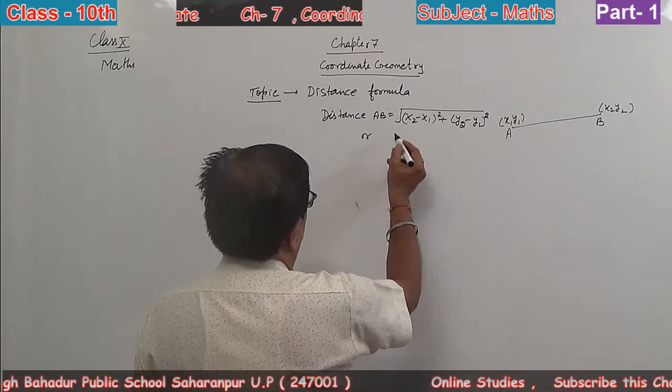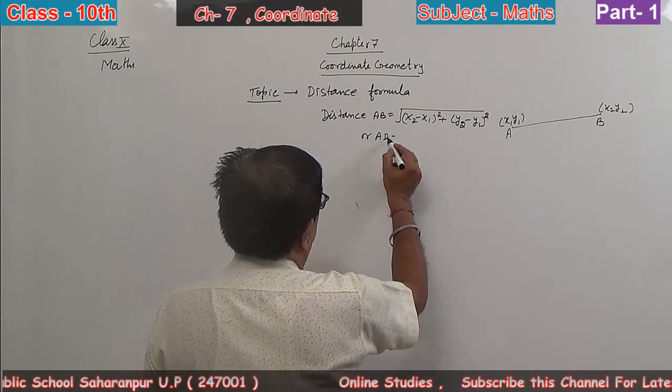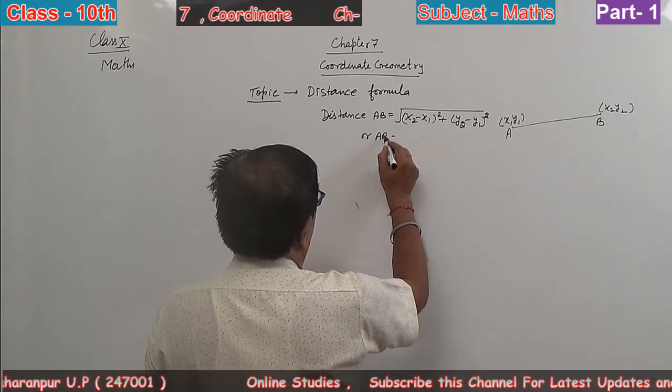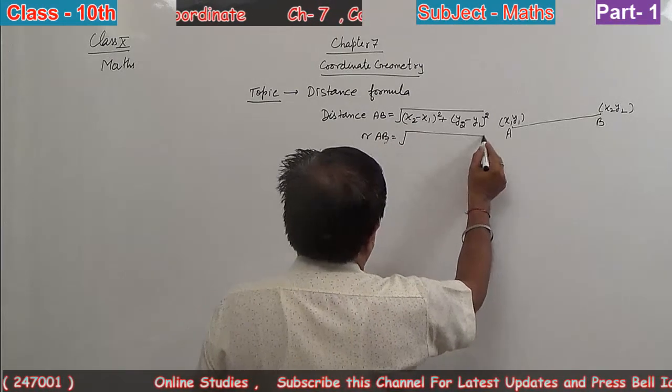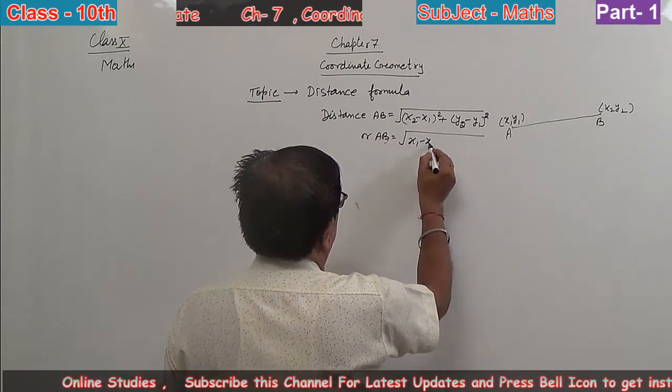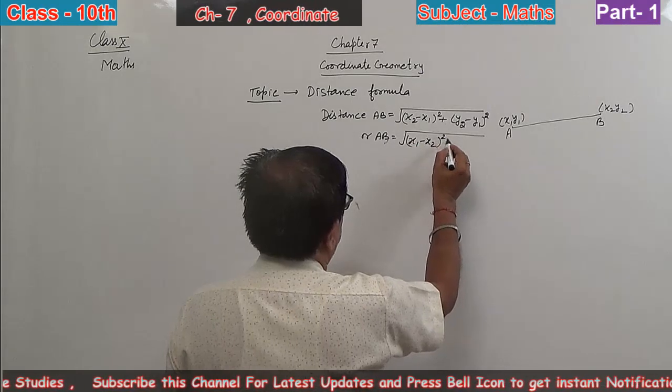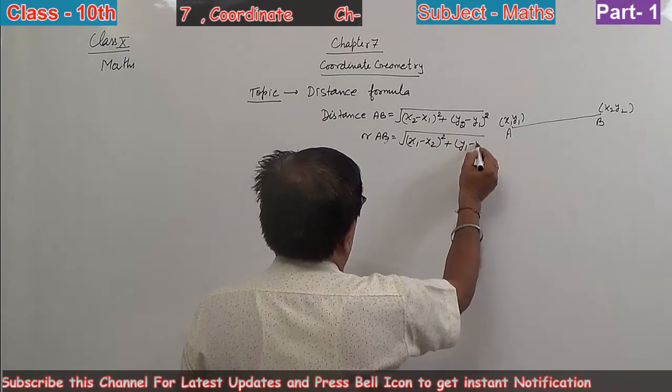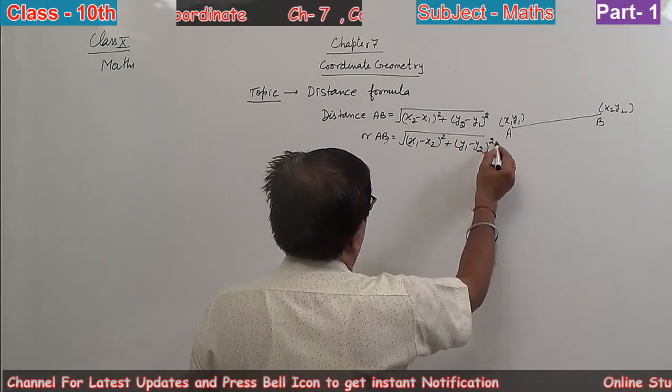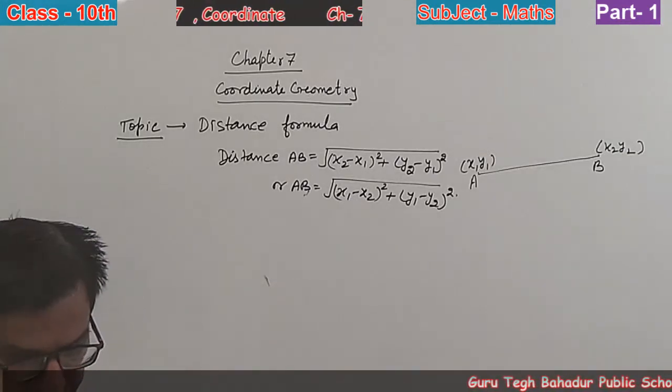Or we can also write distance AB as the square root of (x1 minus x2) whole square plus (y1 minus y2) whole square.